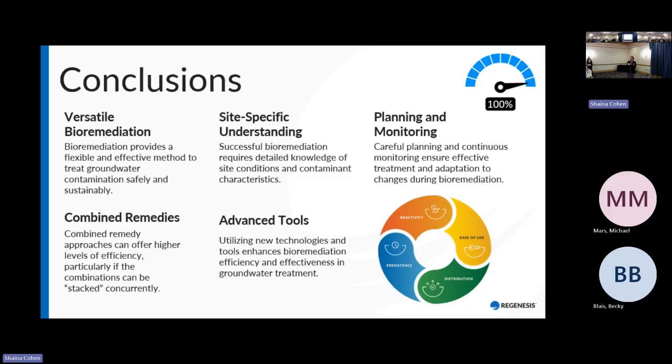The caveat to that is for things that are not readily degradable, specifically PFAS, where it is truly just sorbing. There we're using our understanding of the groundwater flow conditions to understand how long it will stay adsorbed to the activated carbon.